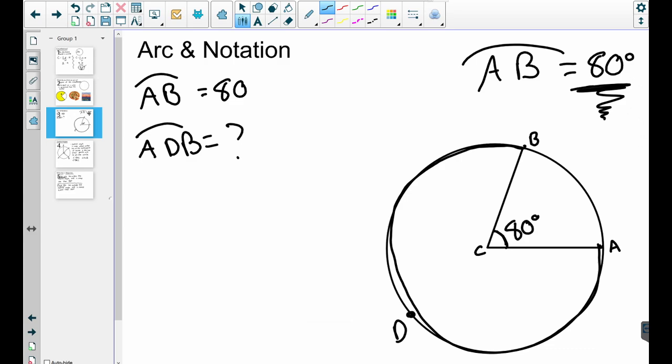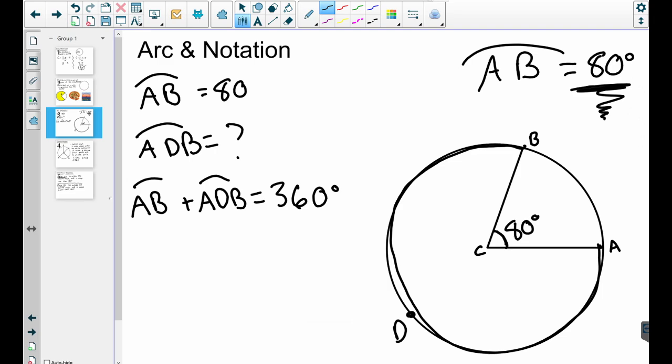The entire circle, we've talked about this before, encompasses 360 degrees. So if the whole circle is 360 degrees, then we know that these two arcs added together, AB plus arc ADB, will equal 360 degrees.